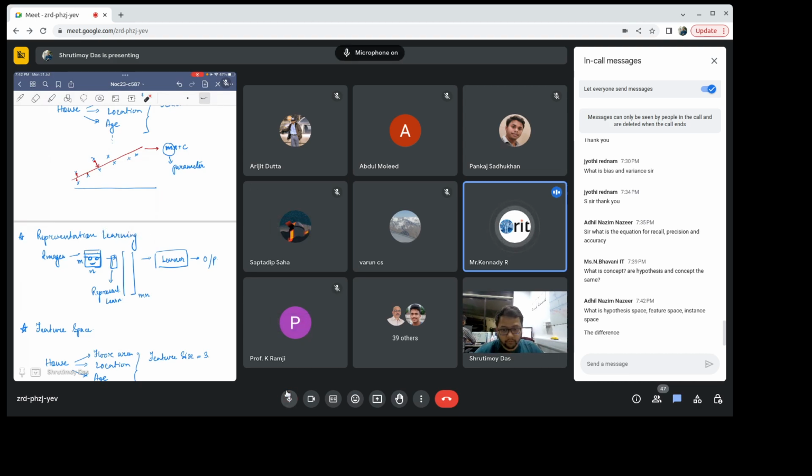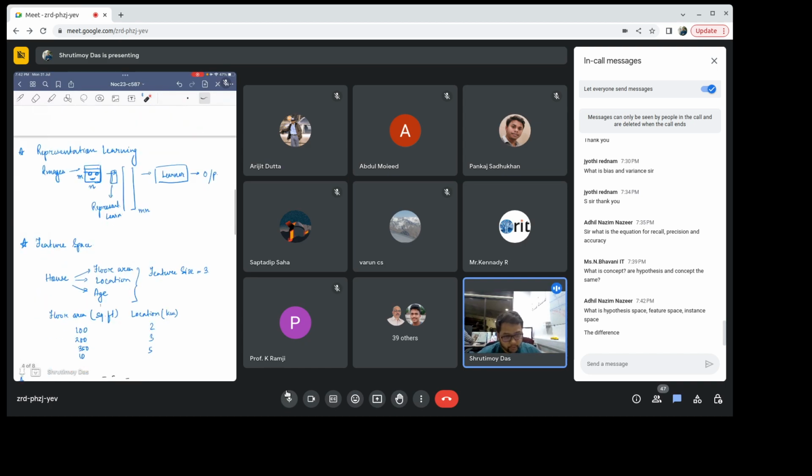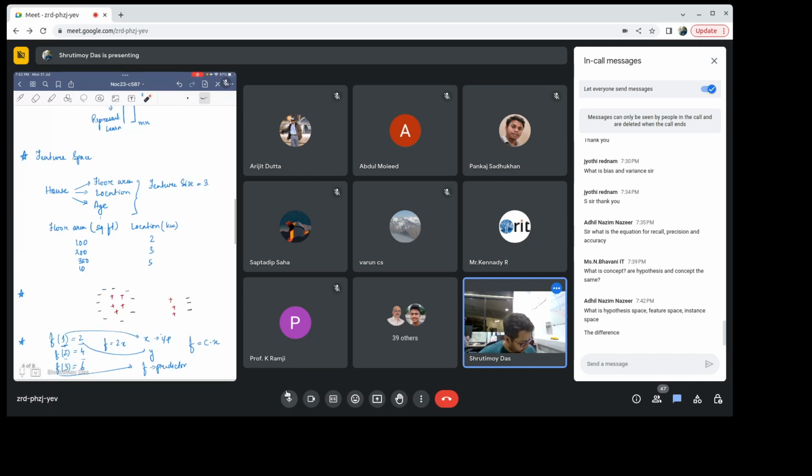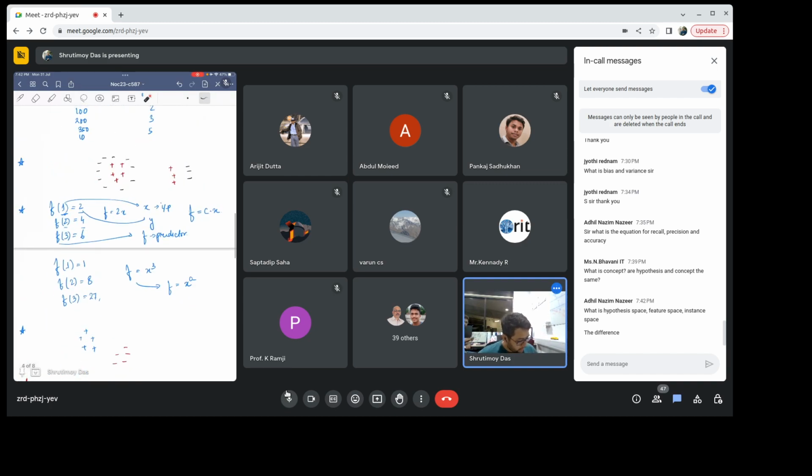Okay, Atil is asking what is hypothesis space, feature space, instance space. Okay, so hypothesis space. Suppose we are given this function: f(1) is 2, f(2) is 4, f(3) is 6, right? So we can say that our function is of this form, f = 2x.